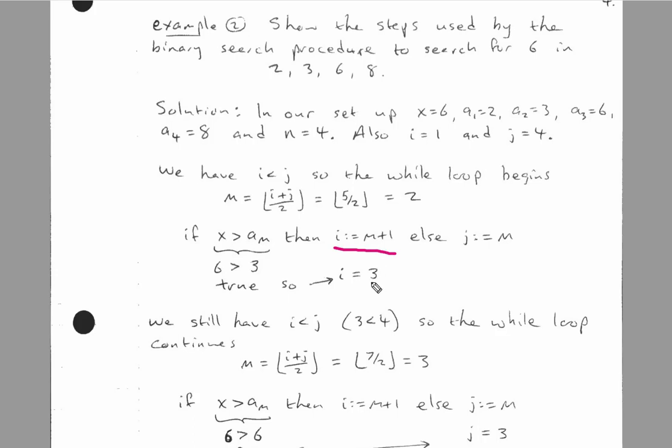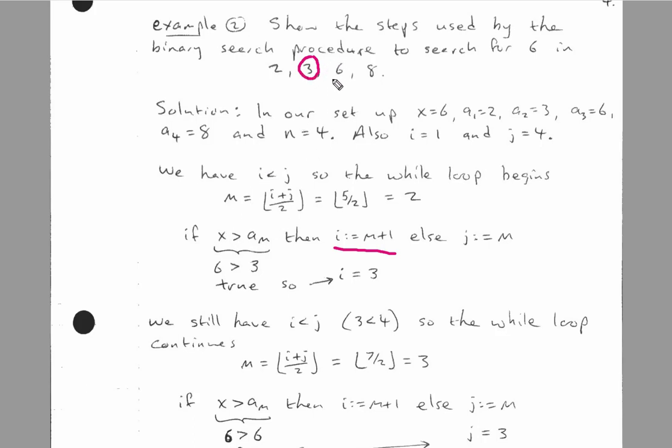So you see what happens. We broke the list in two. This was our middle number, and then we compared this to x. x was greater than it.